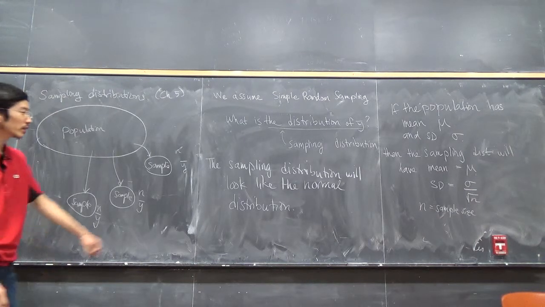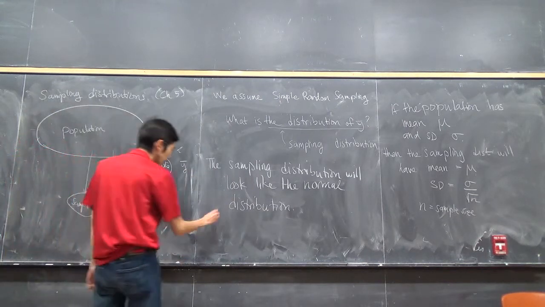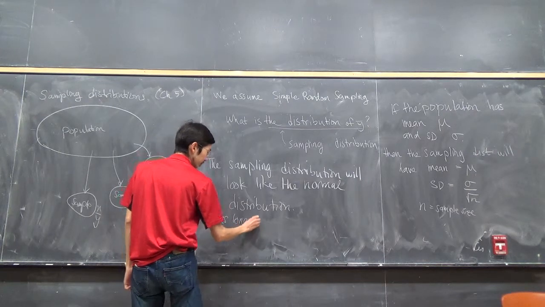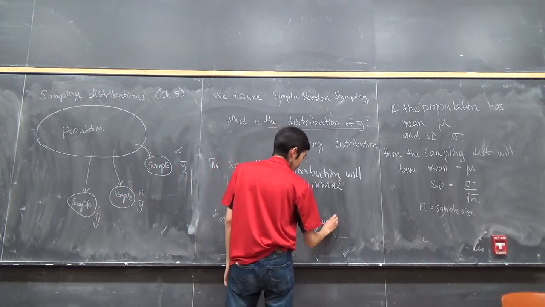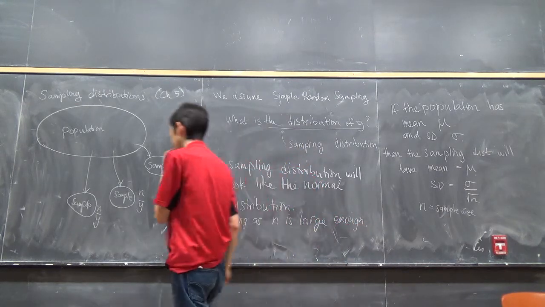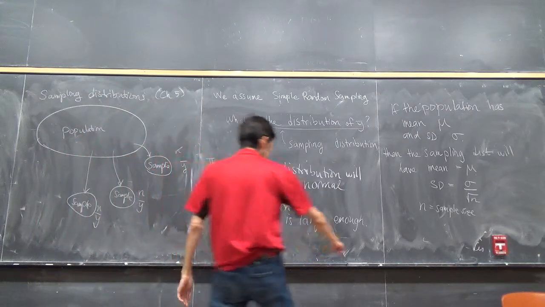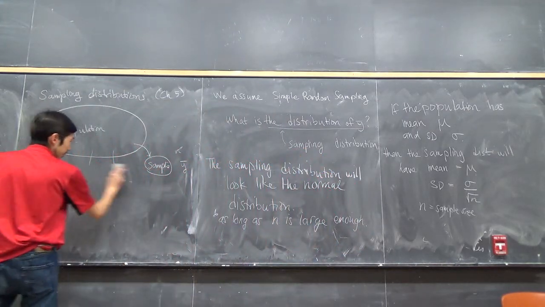Okay. The sampling distribution will look like the normal distribution as long as n is large enough. So no matter what the population looks like, it's going to end up looking like the normal distribution. That's the central limit theorem. Okay. I'll write that on the board as well.